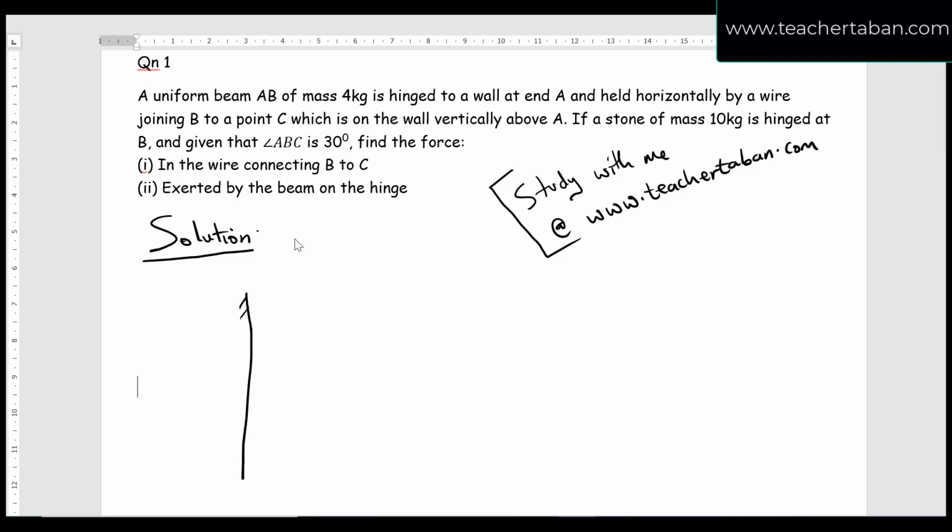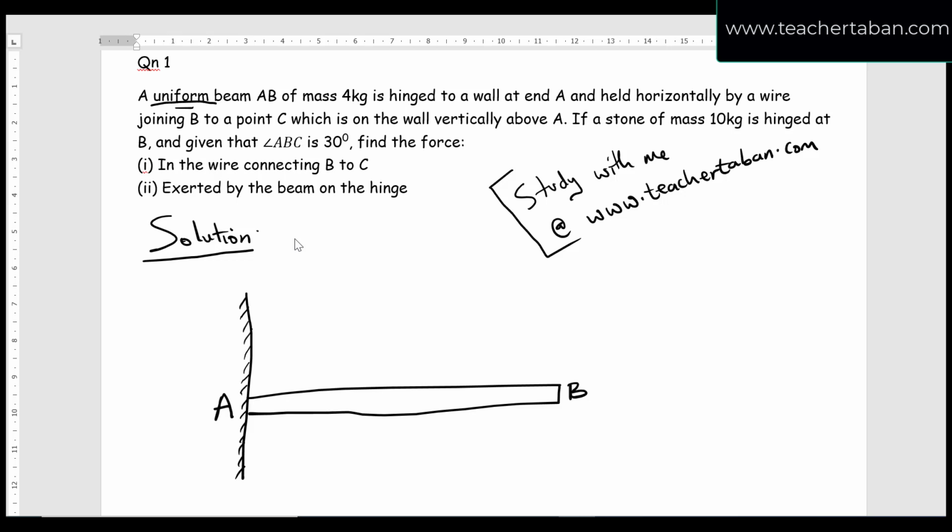So we have a vertical wall and a beam labeled AB, and according to the question, end A is hinged to the wall and end B is the extreme end there. If it is a uniform beam, it means that its weight acts in the middle.